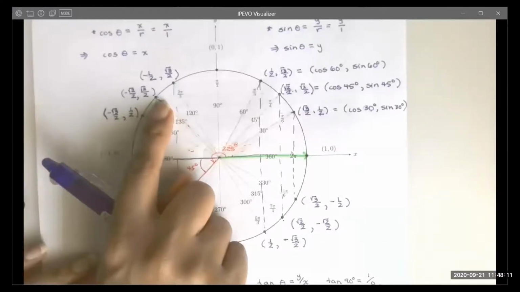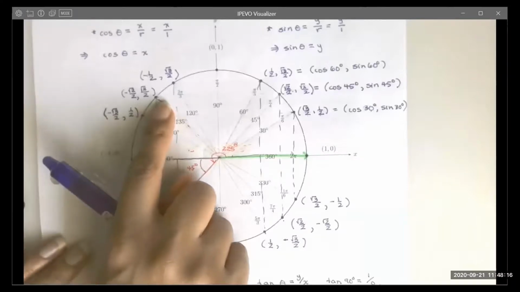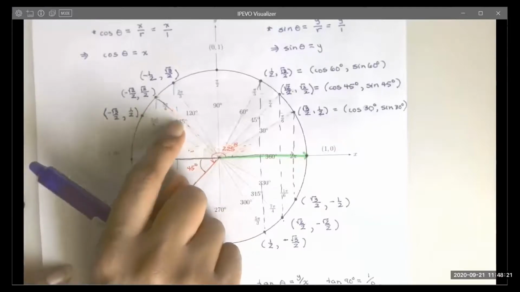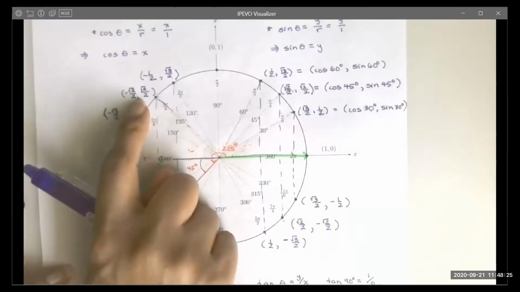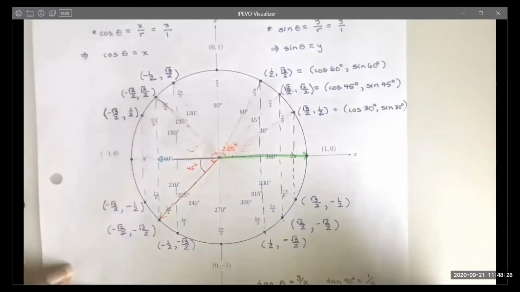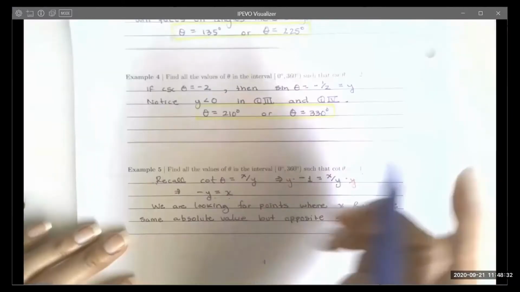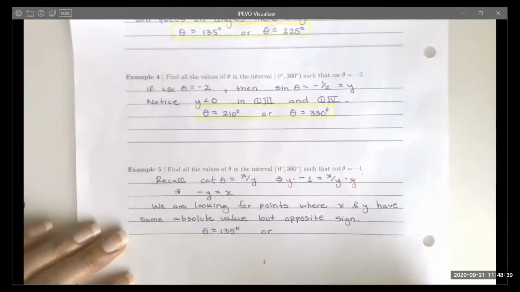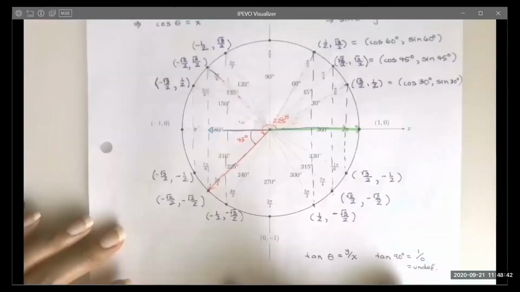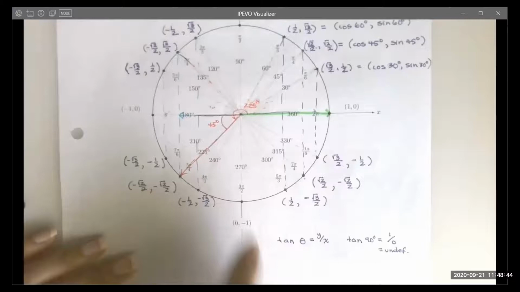So this is actually a good quadrant to look in. And then what else do I want to be true about x and y? They need to be the same value, but opposite sign. The only point that satisfies that is this 135, right? These have the same value, but opposite sign. So one of the angles is 135. Where else do we have opposite sign x and y?